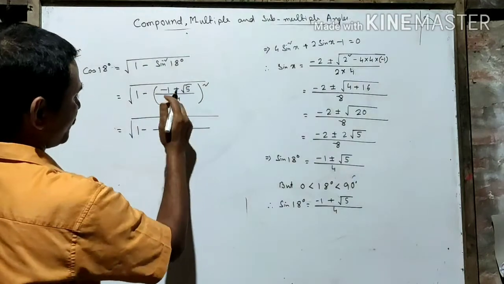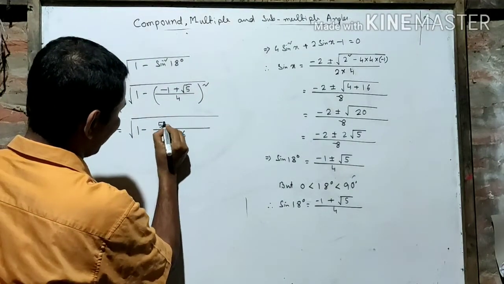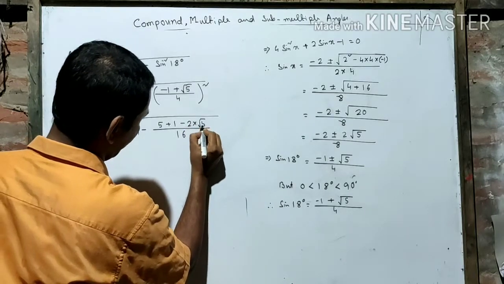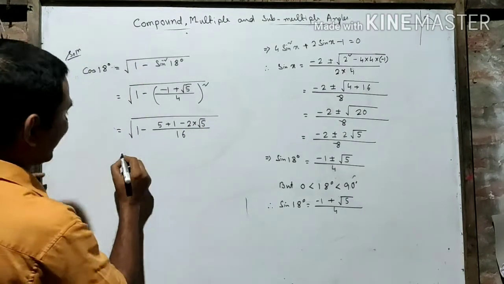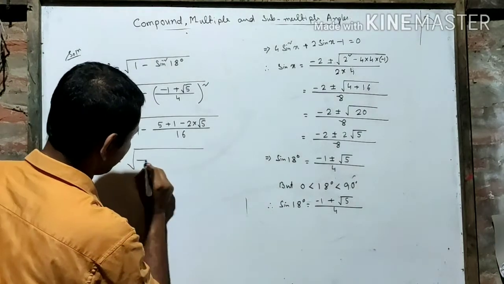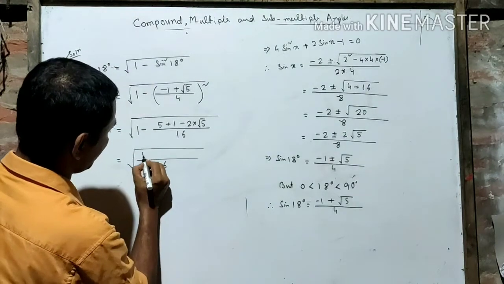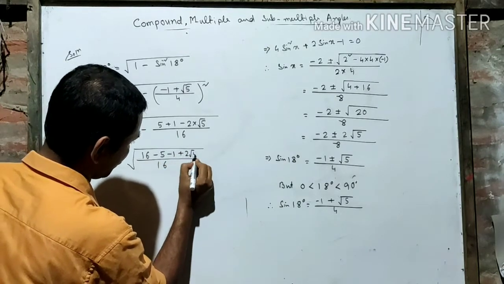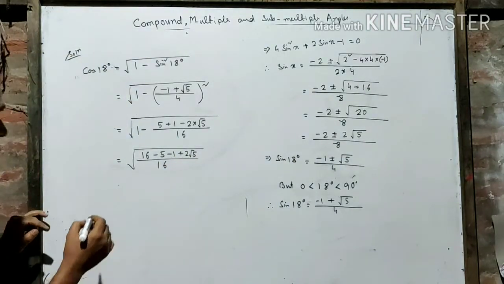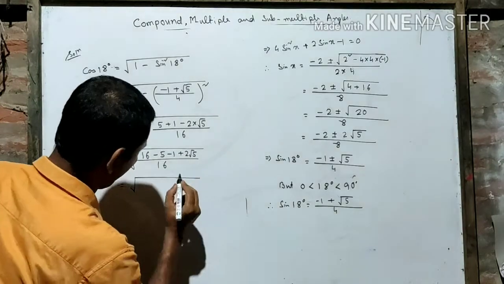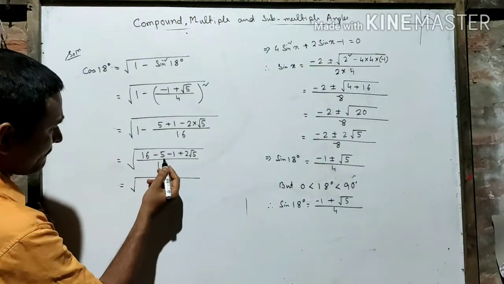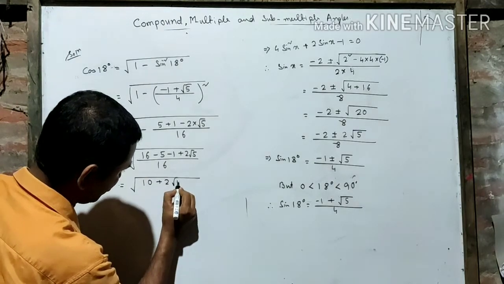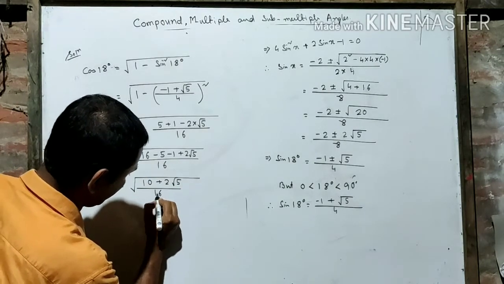This is a minus b whole square, a means root 5, so a square plus b square minus twice ab. Take the LCM as 16. So this will be 16 minus 5 minus 1 plus 5. This is equal to under root 16 minus 6, that is 10, 10 plus 2 root 5 divided by 16.